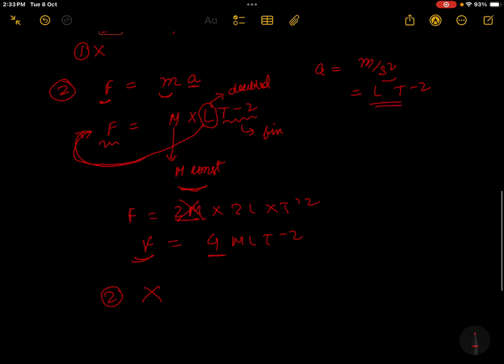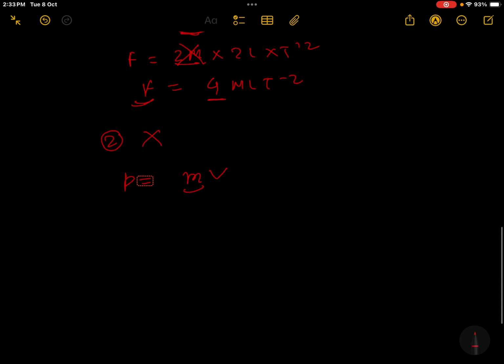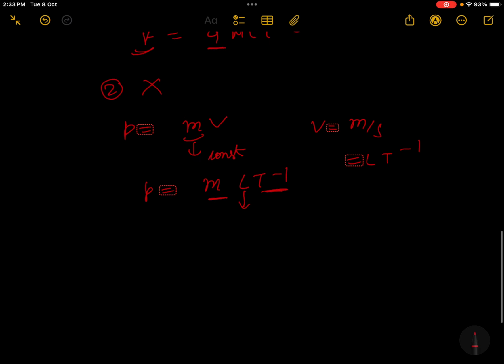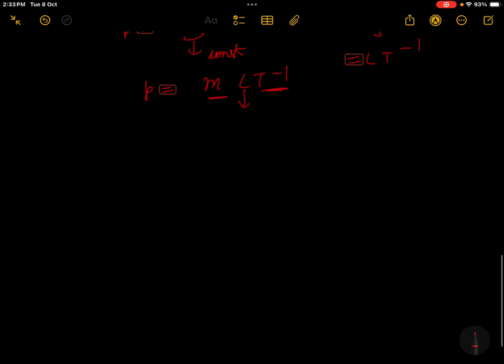Now the unit of momentum. What is momentum? Momentum is basically mass into velocity, and we have already proved that mass is constant. Momentum is equal to mass times L t^-1, since velocity is meter per second. Now the time is constant, mass is constant, and in the question it is clearly given that the length is doubled.